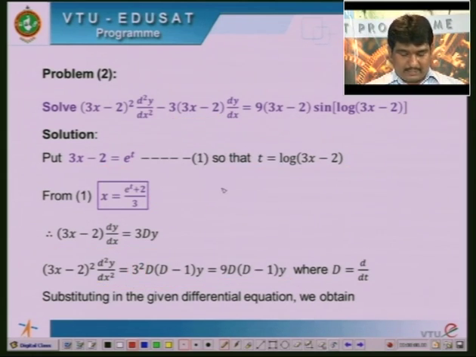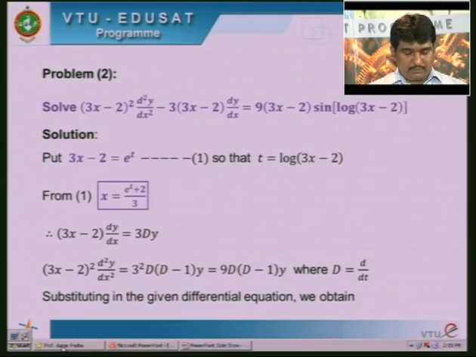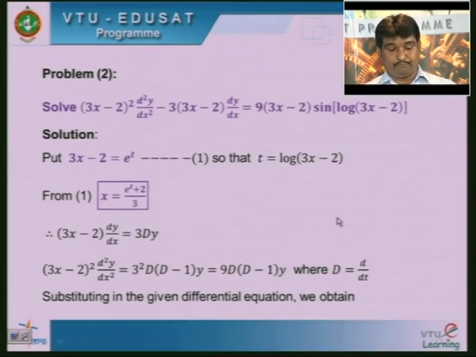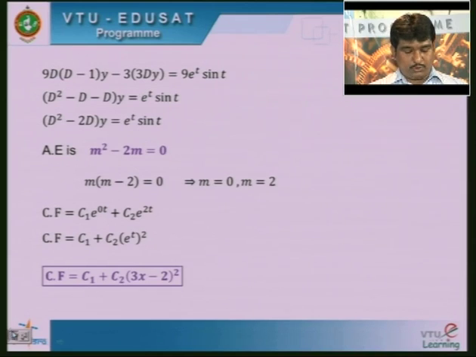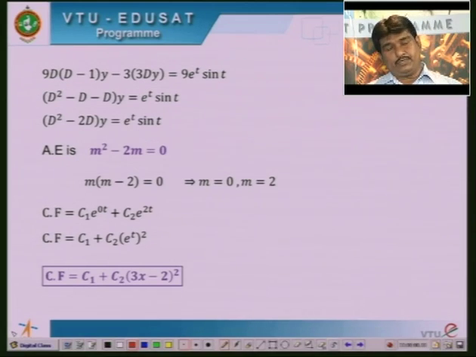Substitute all these things in the given differential equation. It's 9D times (D minus 1) of y minus 3 times 3 Dy equals 9 e to the power of t sine t. This is the RHS part: sine of log of something got converted to sine t, into 9 e to the power of t.